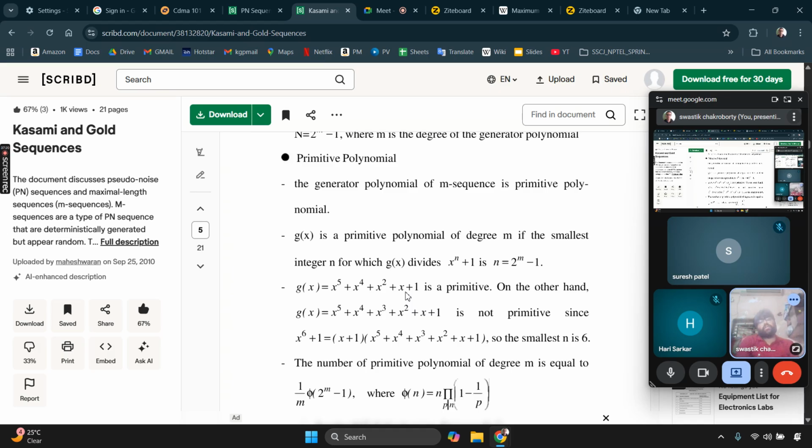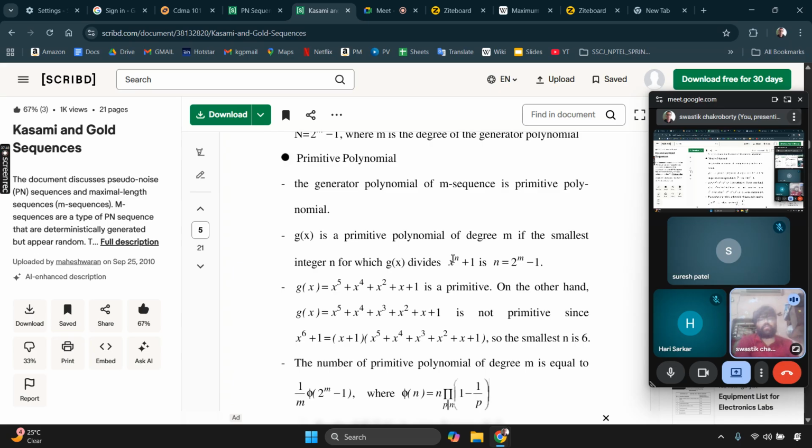factorizable. So how do you check for factorizability? You divide by x to the power n plus 1. If there is a factor such that the smallest n is not 2 to the power m minus 1, that is x to the power n plus 1, you start from x plus 1, and you go up to n equal to 2 to the power m minus 1.